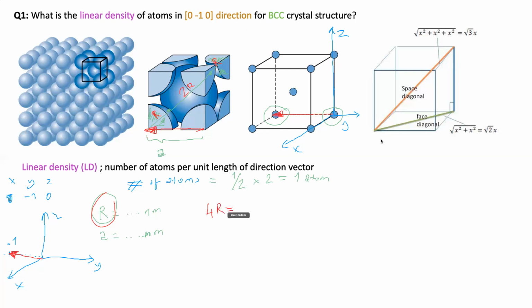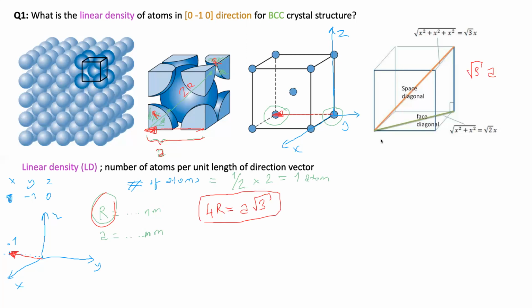And that is the space diagonal, and the space diagonal is equal to square root of 3 times, not x, but a this time. So it's equal to a times square root of 3. A was the length of one side of the cube, as you may remember. So I found the relationship between R and A.